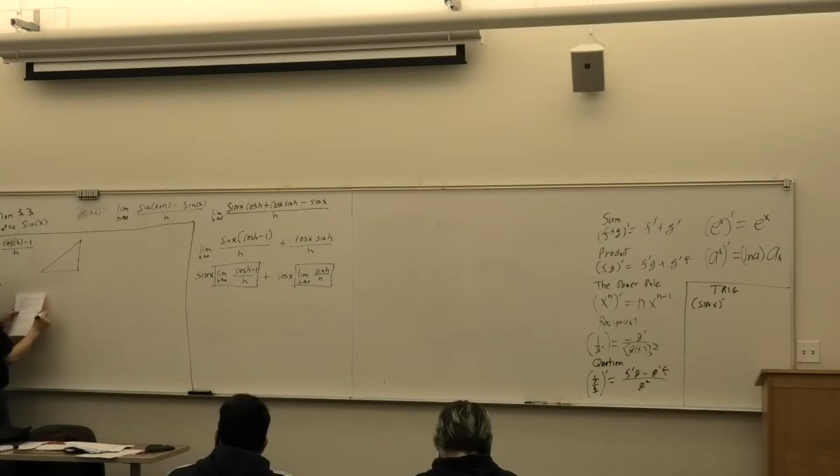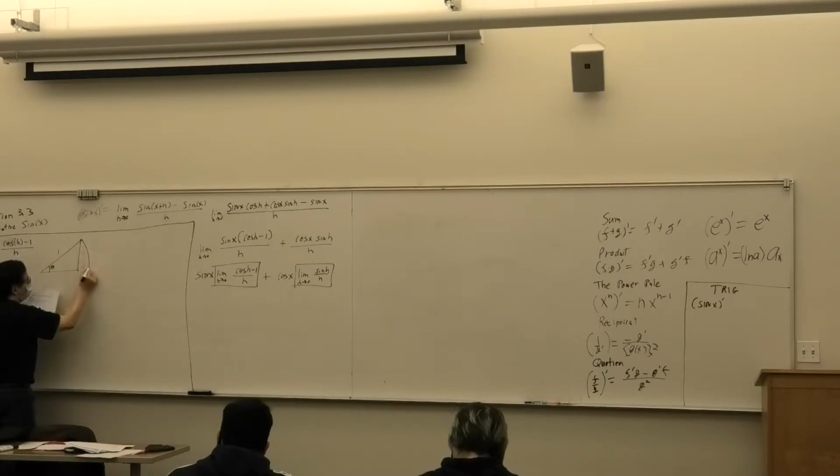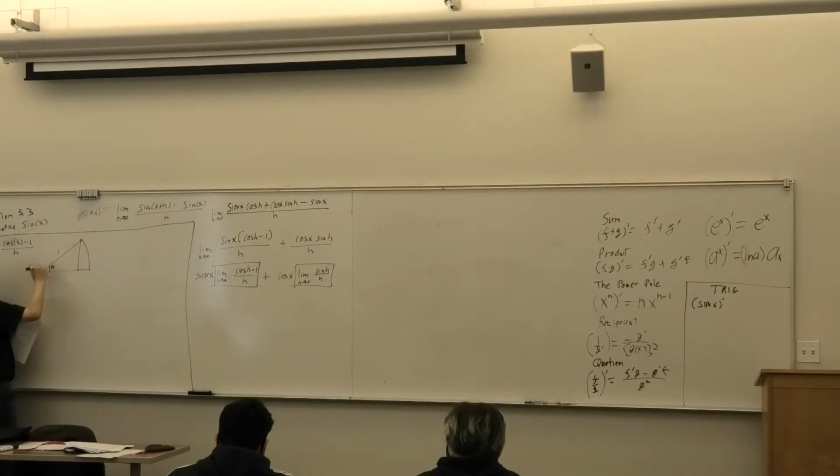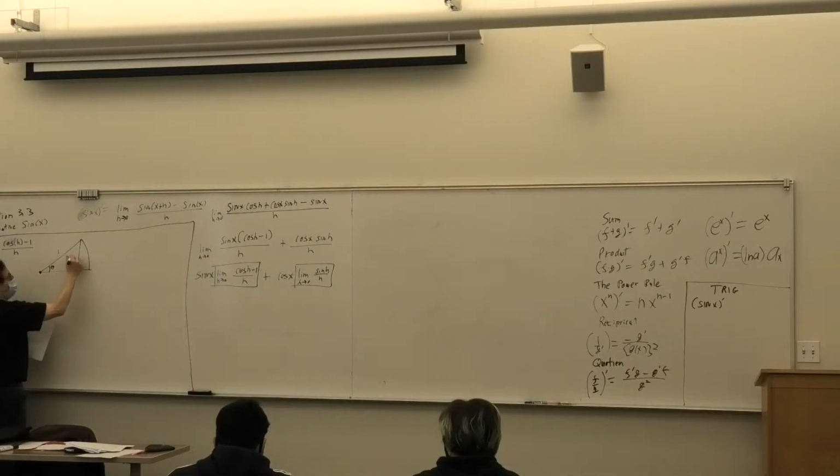We're going to draw a triangle with a hypotenuse of 1. Angle here, theta. And this is a sector with center over here. And from trigonometry, we know that the length of this side is sine of theta.